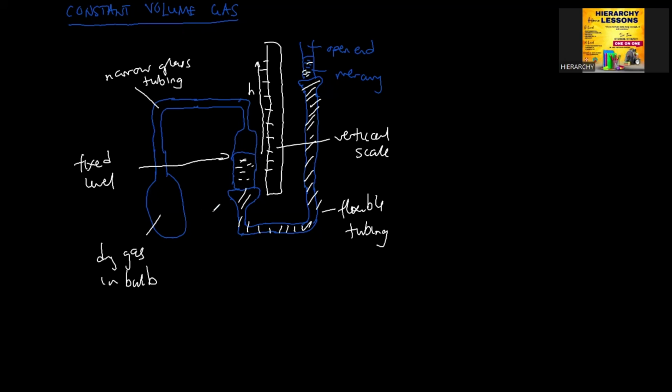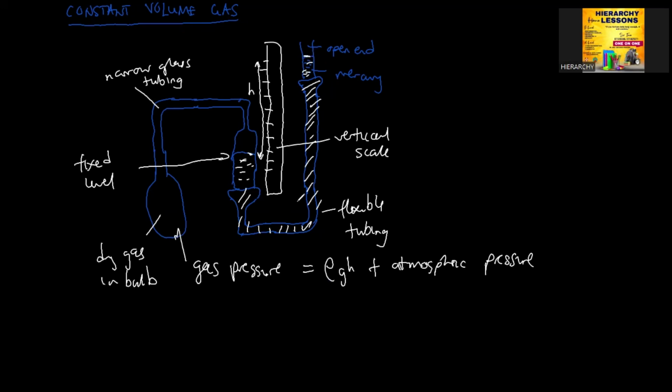So there's gas pressure here. The gas pressure will be equal to rho g h plus atmospheric pressure. The h that we use is the height between this fluid level and this fluid level.